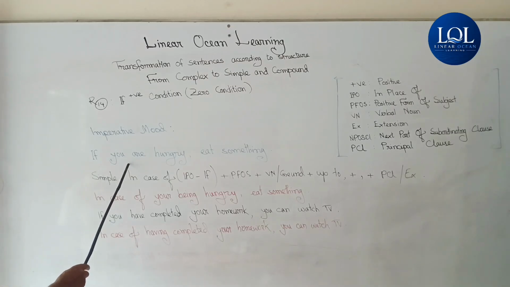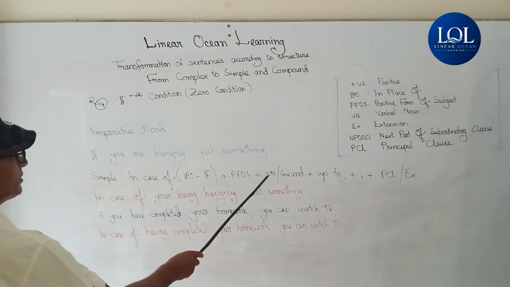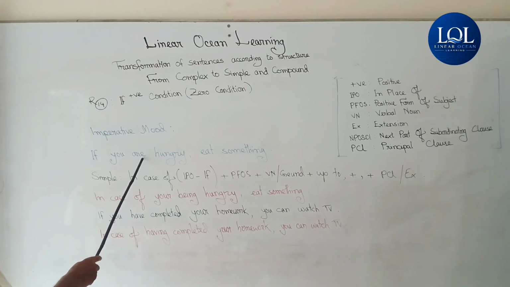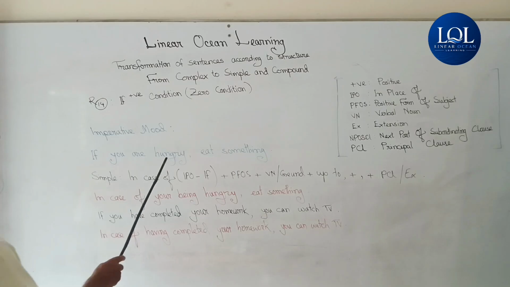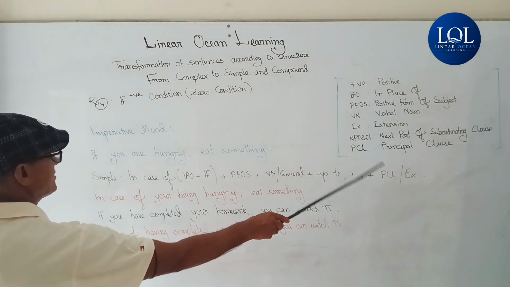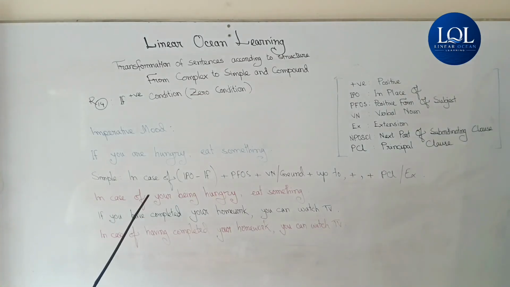The possessive form of the subject you is your. Then VN or gerund, verbal noun or gerund. Here the verb is are and its verbal noun form or gerund is being. Then up to comma hungry. Then PCL or extension, principal clause or extension, eat something. In case of your being hungry, eat something.